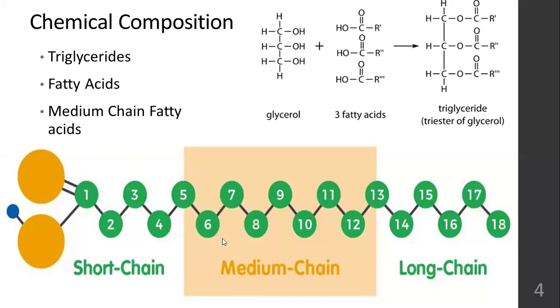And they are short enough to be soluble in water, and they require less bile salts for breaking them down to assimilate them. And they are long enough that they don't get stuck in the blood vessels, they keep circulating. So that is the benefit of using medium chain fatty acids.